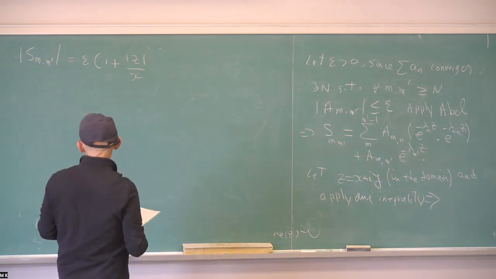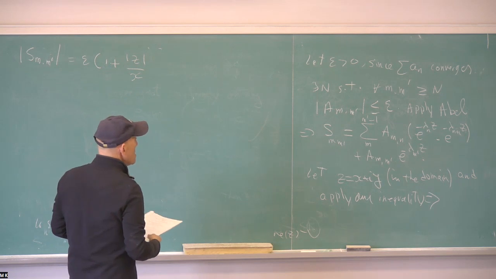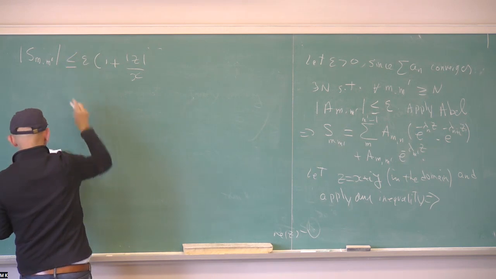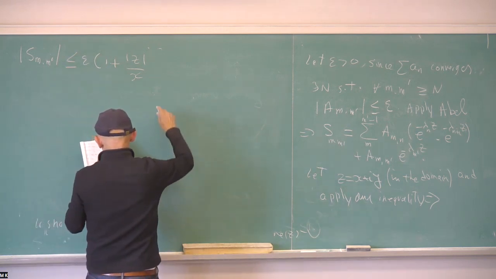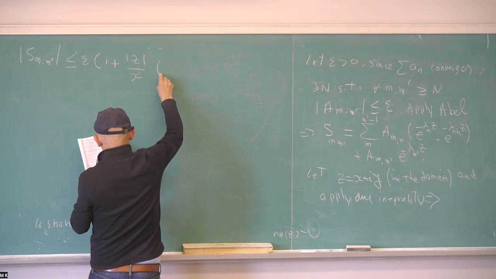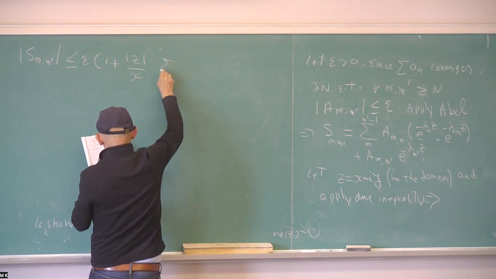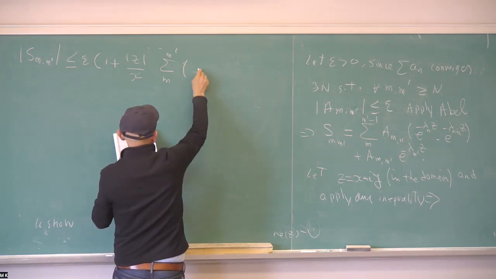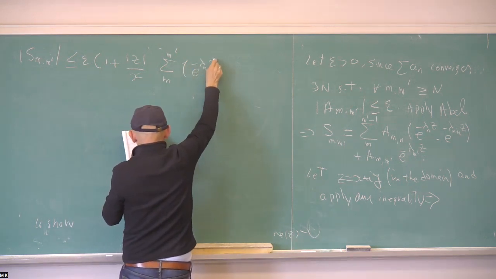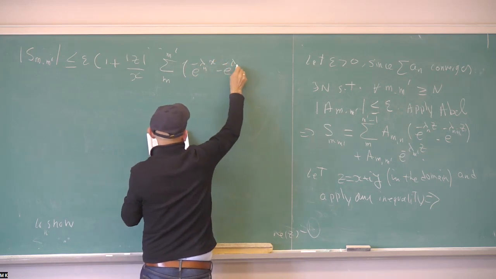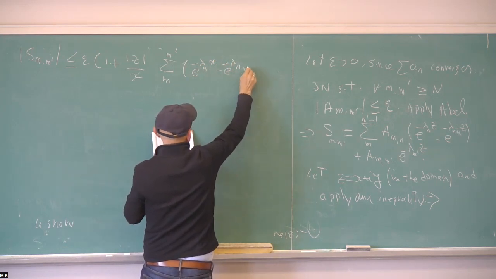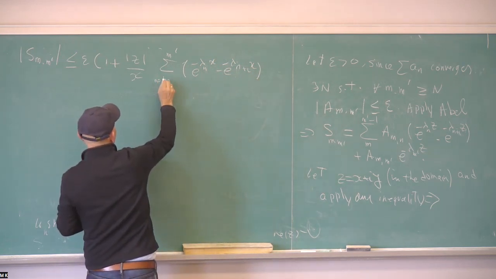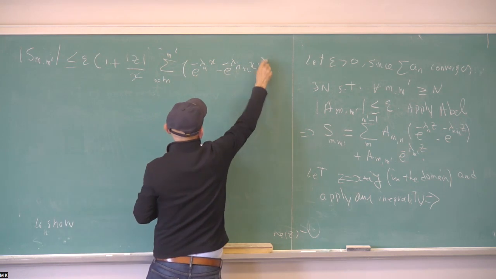I believe I should say less than or equal to, yes, less than or equal to, times 1 plus the sum from n = m to m prime minus 1 of e to the minus lambda n x minus e to the minus lambda (n plus 1) x. So n goes from m to m prime. That's what it means here.